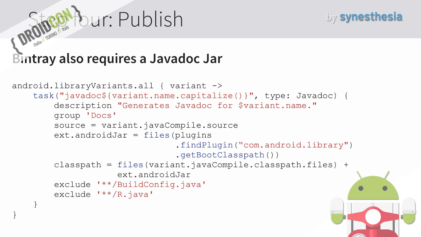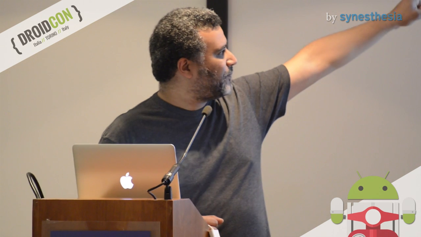Then I define a task that is called javadocRelease or javadocDebug, and it's of type Javadoc, and that's where the source is. And I define this variable androidJar. This is the only trick that is not intuitive, and it takes some googling, but it's easily doable.